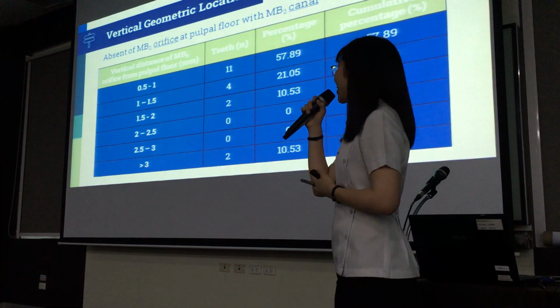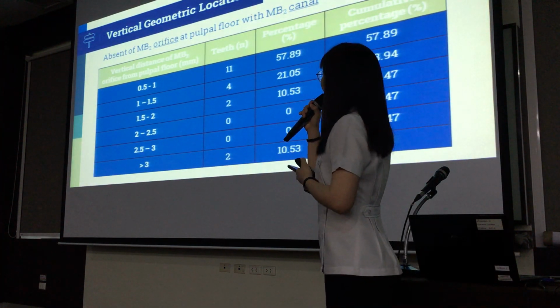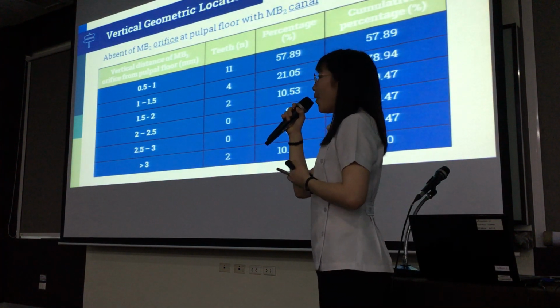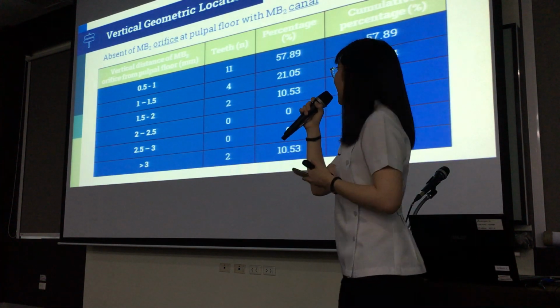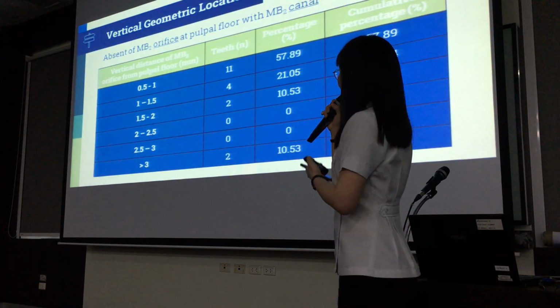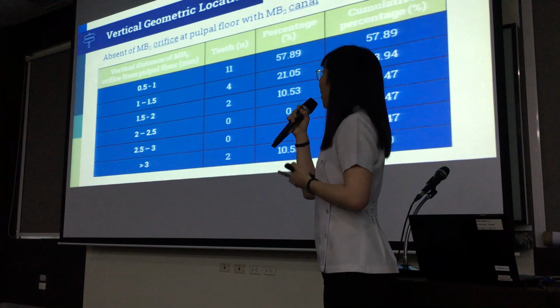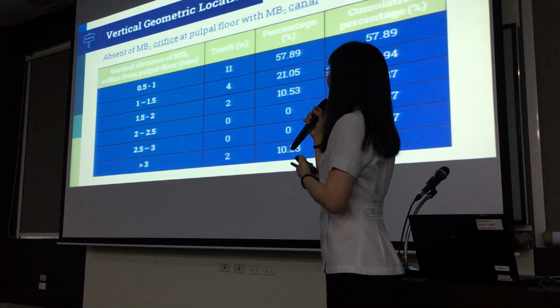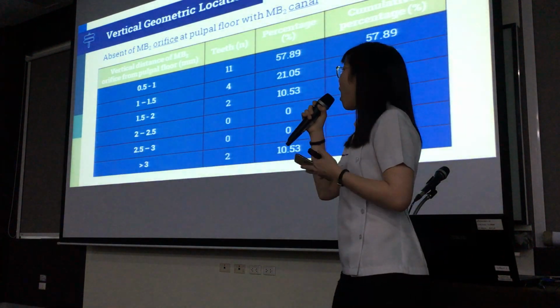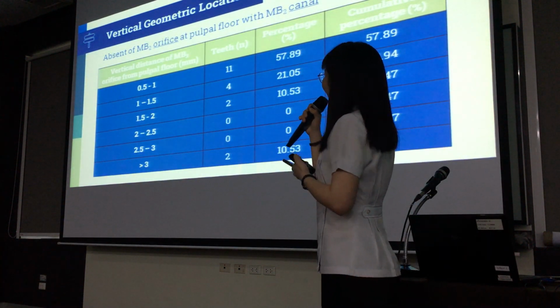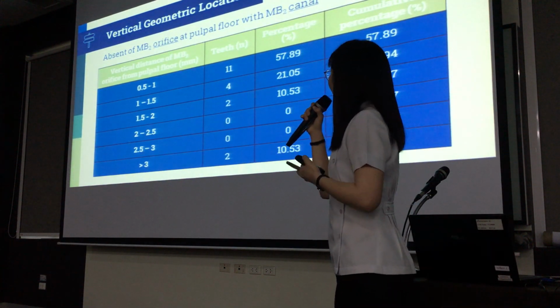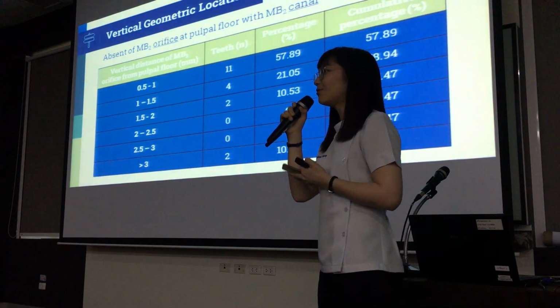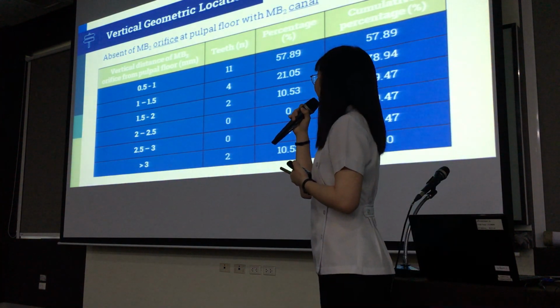Another 21% were found within a further 0.5 mm deeper, and another 10% were found a further 0.5 mm deeper. So, in summary, almost 90% of them were found within 2 mm from the pulpal floor level.